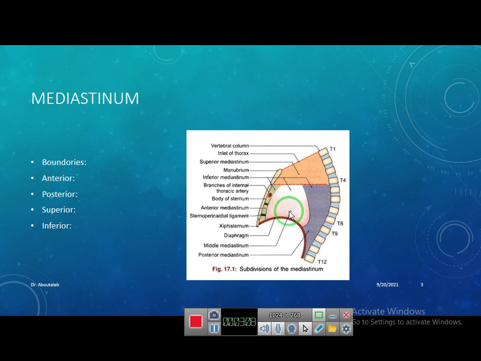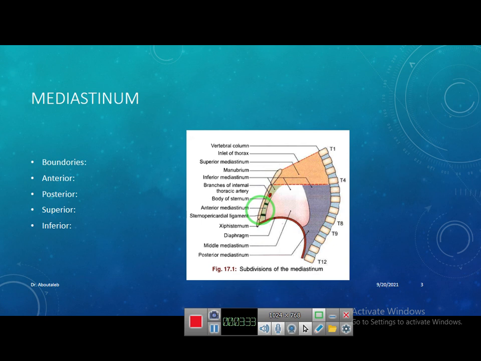So here is the middle mediastinum, posterior to the heart is the posterior mediastinum, and anterior to the heart, in green color, is the anterior mediastinum. The mediastinum is the median septum of the thorax between the two lungs. It includes the mediastinal pleura.